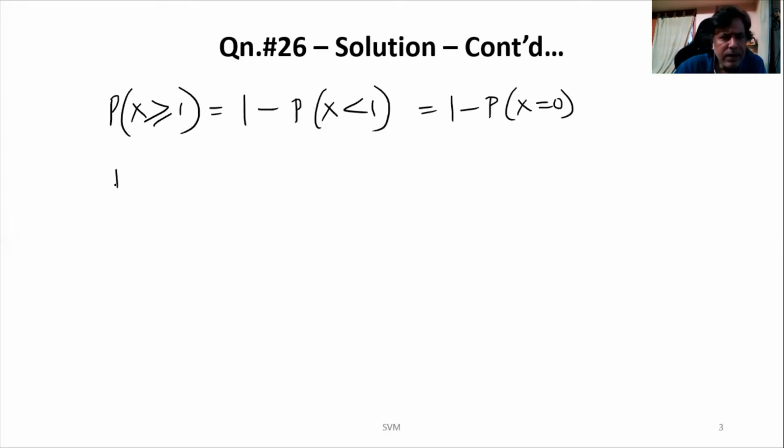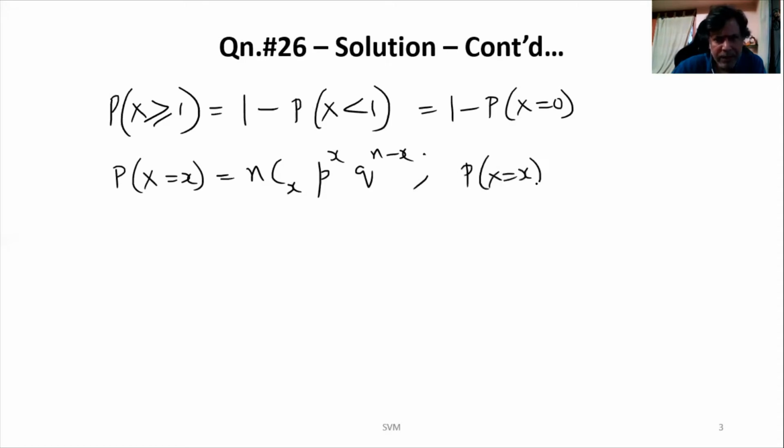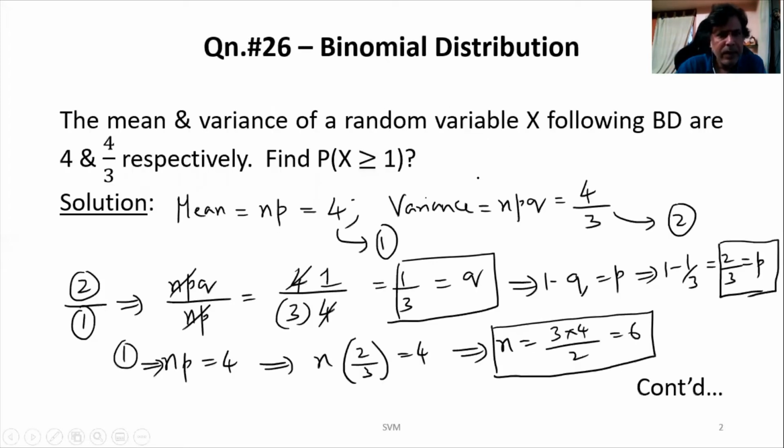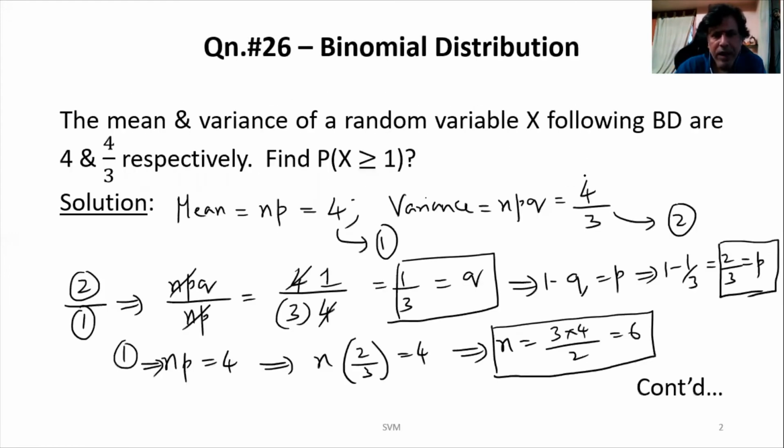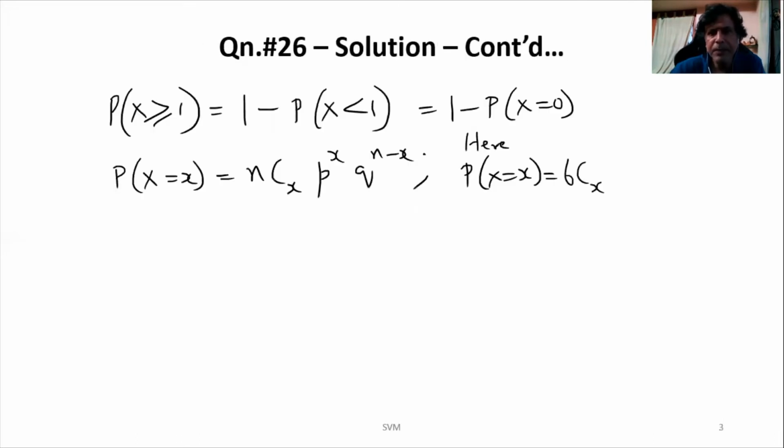Now let us write down probability of x is equal to x for a binomial distribution: nCx, p to the power of x, q to the power of n minus x. For this problem, what is n? n is 6, so 6Cx. What is p? p is 2 by 3 to the power of x, and q is 1 by 3 to the power of 6 minus x.